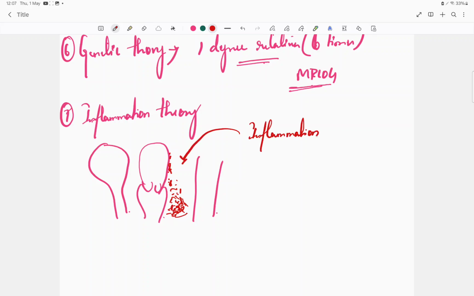There will be fluid in the pouch of Douglas, all this blood, and it consists of inflammatory mediators. These inflammatory mediators are responsible for the pain. What are they?